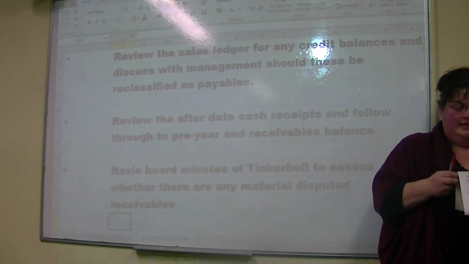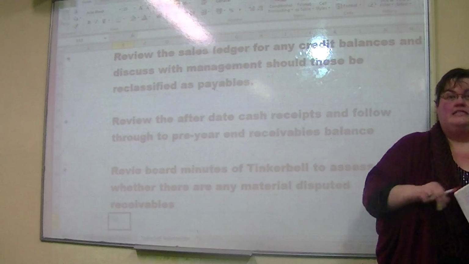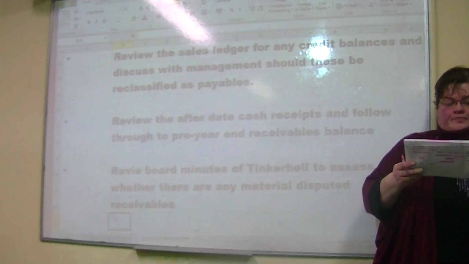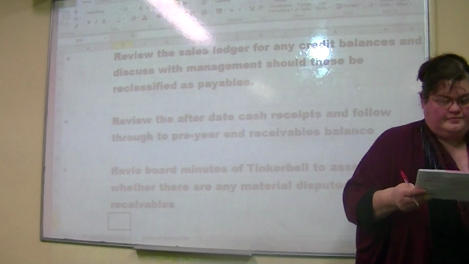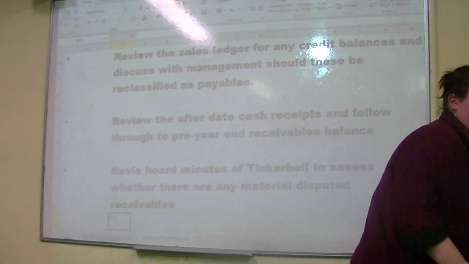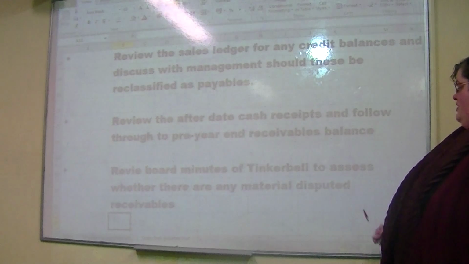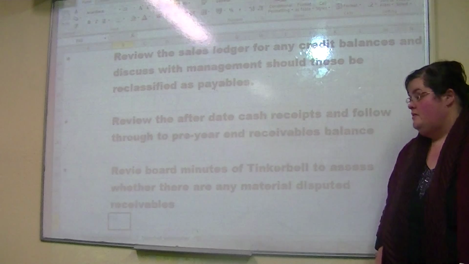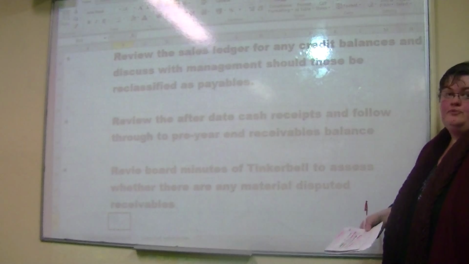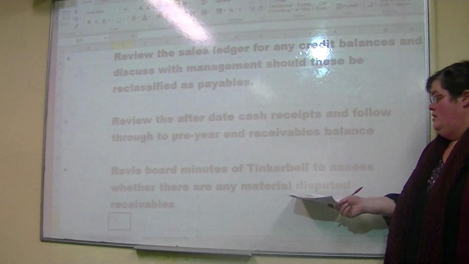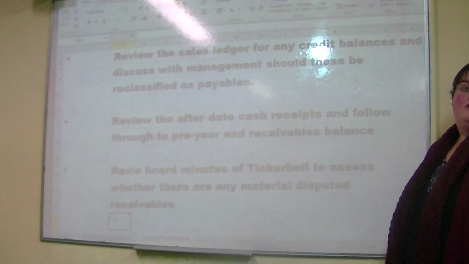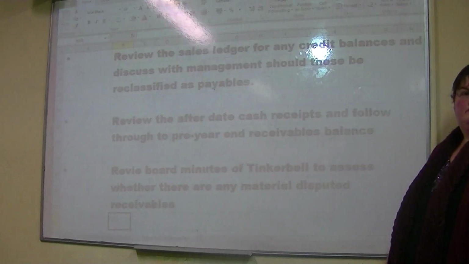Okay, that's our sales and our receivables, our sales system. Material disputed receivables. So they should mention in the boardroom that there's someone who's not going to pay them, or they didn't get the goods, or stuff like that.